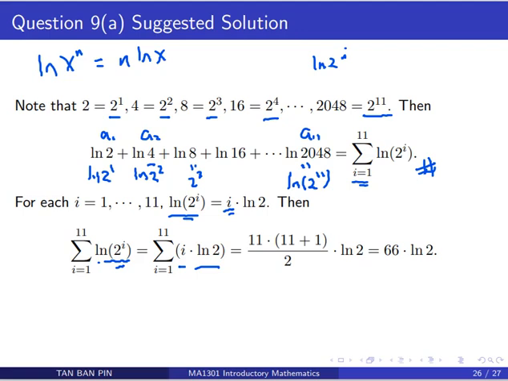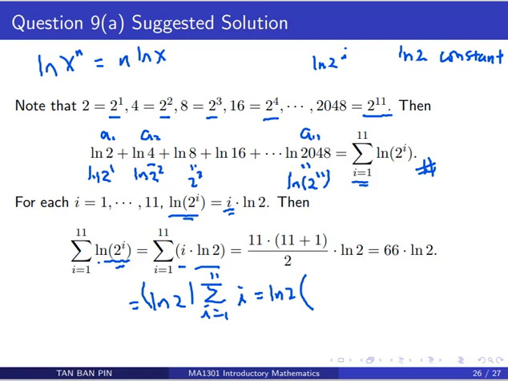And then you take note that ln 2 is a constant. So ln 2 is just a number. Constant can be written outside. So you can write it as ln 2 times summation i from 1 to 11 of i.